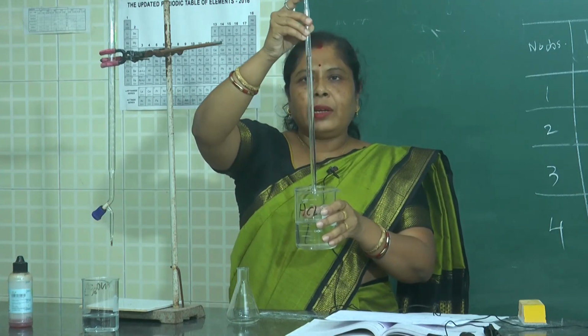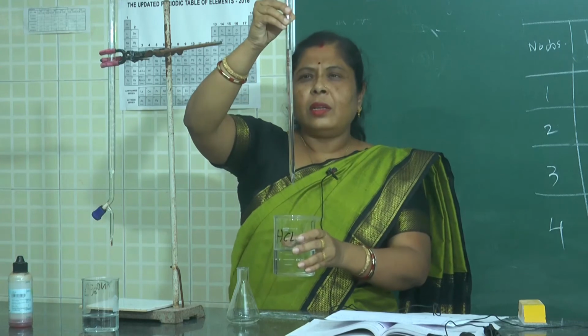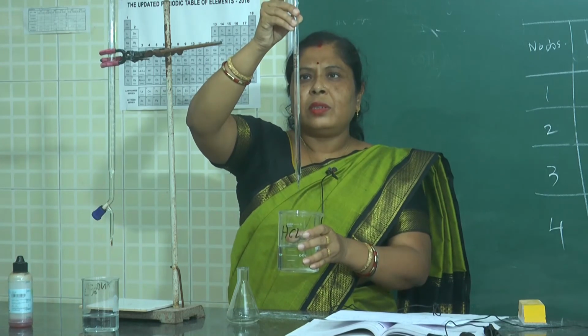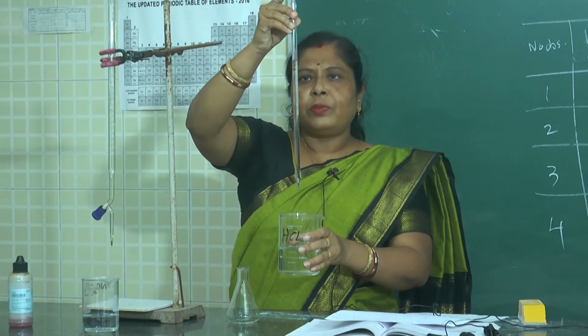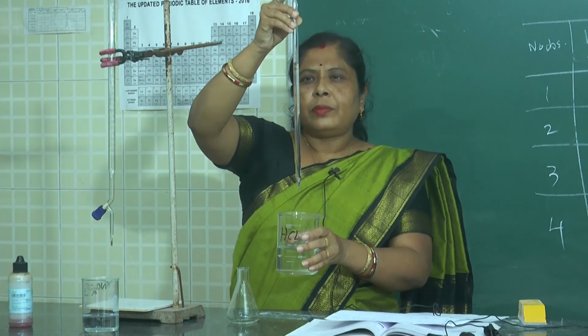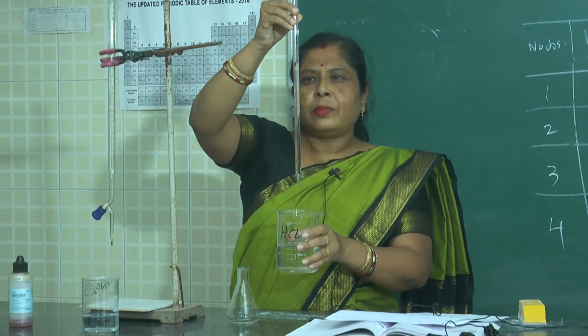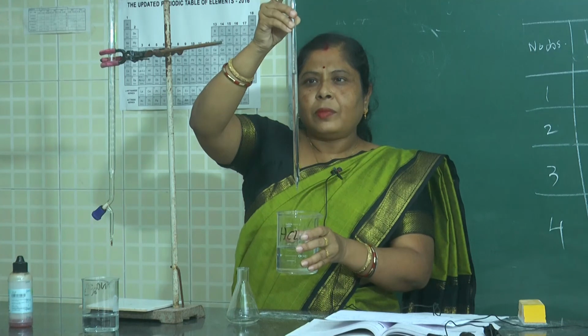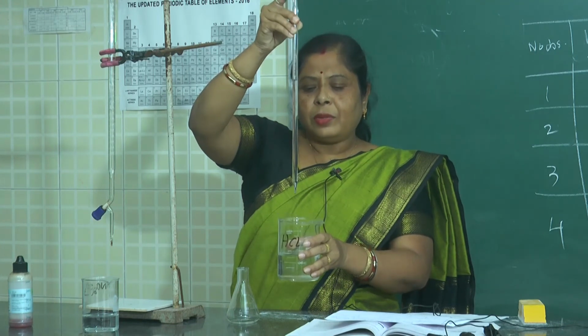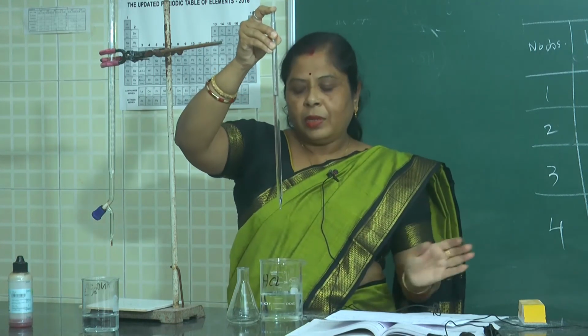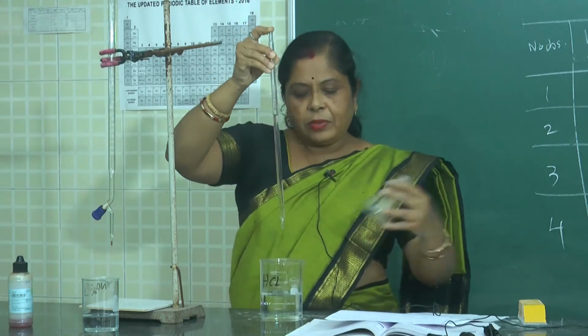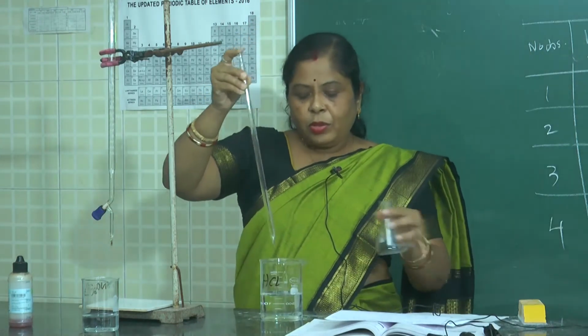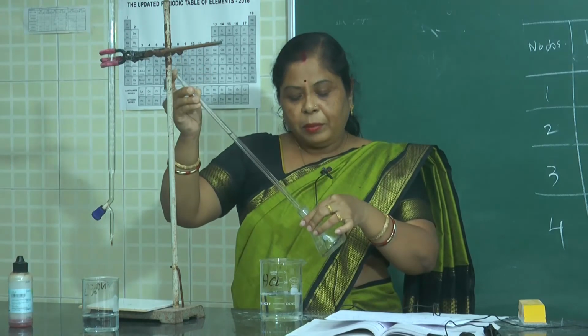Now I have to adjust the lower meniscus to 0. Now you see this is 0, and no more solution will drop. Next, transfer this solution from the pipette to the conical flask.